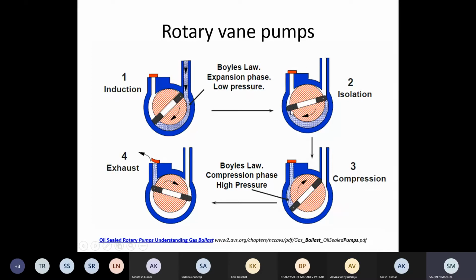The trapped air in stage 3 will come into this region. This chamber is closed, and with further rotation a pressure buildup will be there, and it will go out.